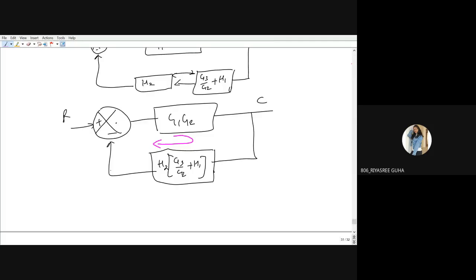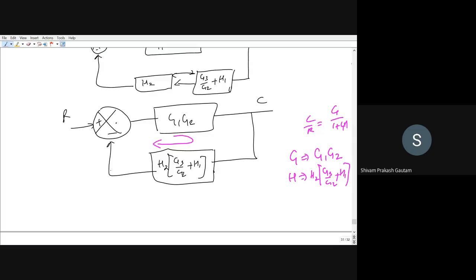Yes, sir. Okay, so what is the formula for calculating the transfer function of a negative feedback? G upon 1 plus GH, right? And G in this case is how much? G1 into G2. And H is equal to how much? H2 into G3 by G2 plus H1. Correct.